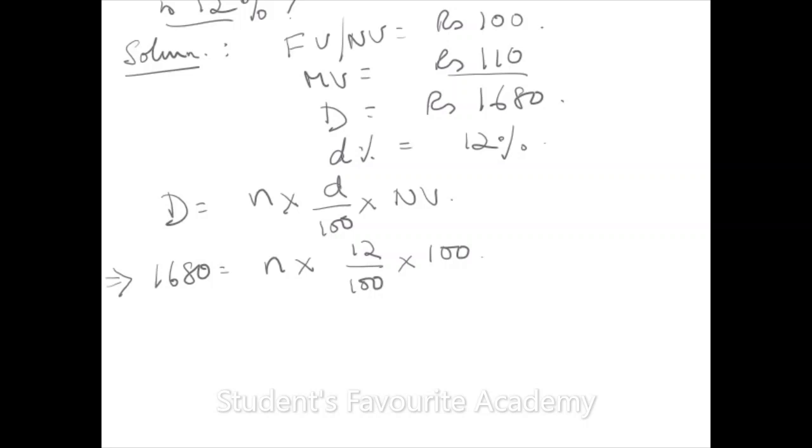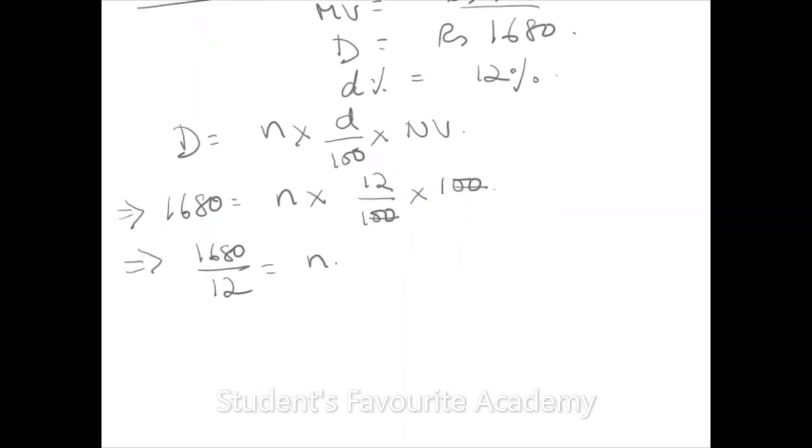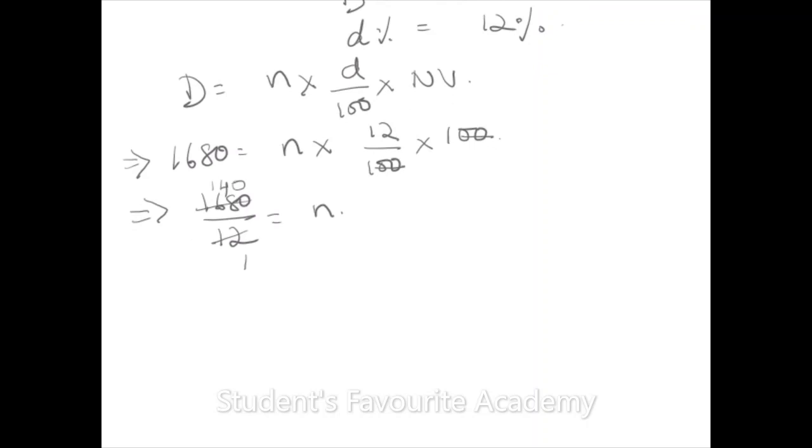So this 100 cancels. So this implies 1680 divided by 12 is n, the number of shares. So 12 ones are 12, then 4 remains, 48, 12 fours are 48, 0. So the number of shares is 140.